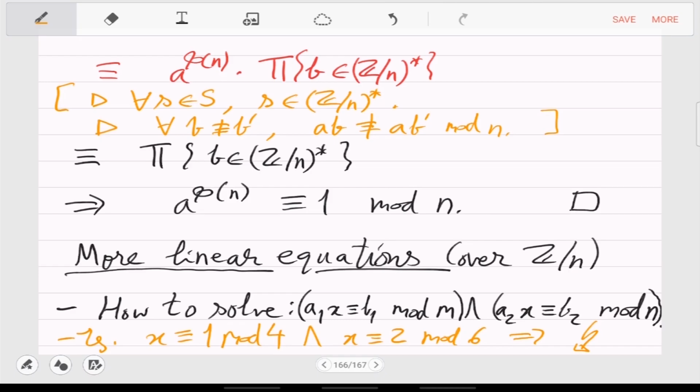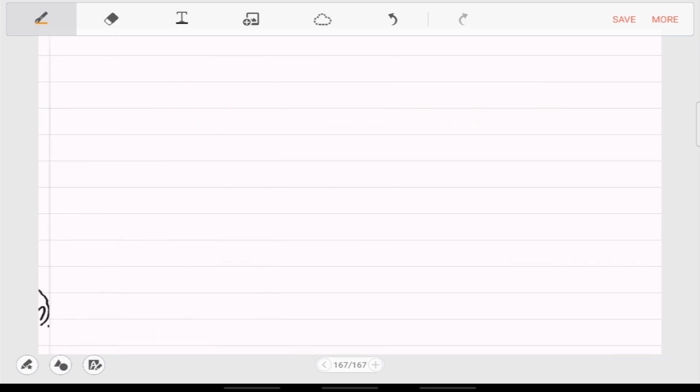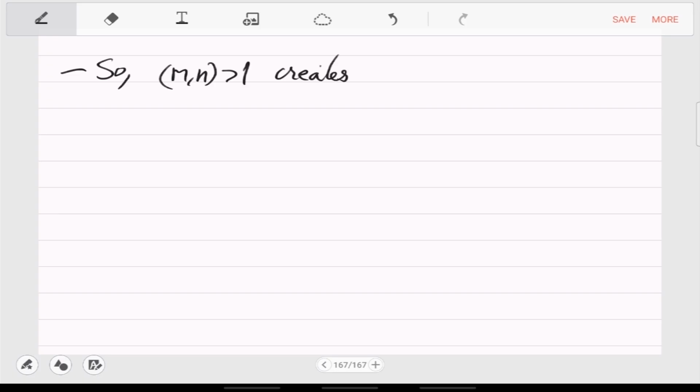Right, so the problem happens when m and n share a factor, when the GCD is not 1. So let us assume that they are co-prime, then what happens? So GCD of m, n greater than 1 creates a problem.